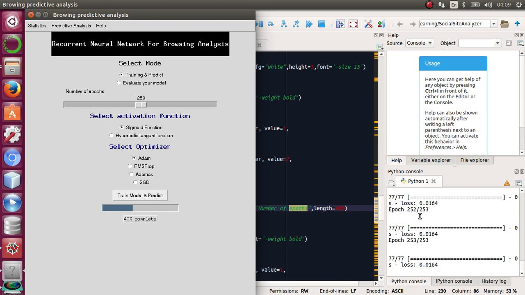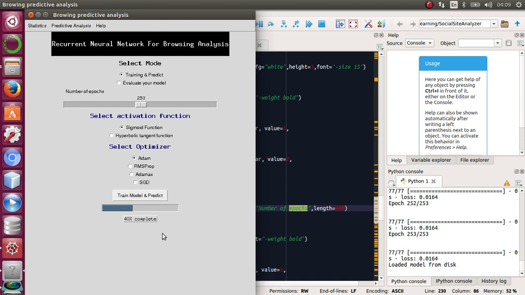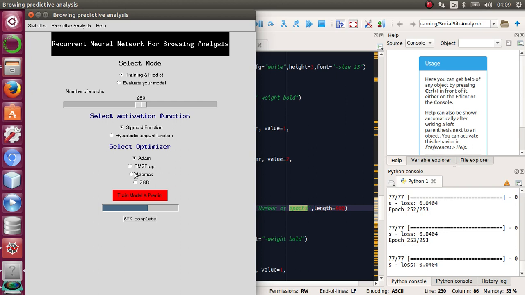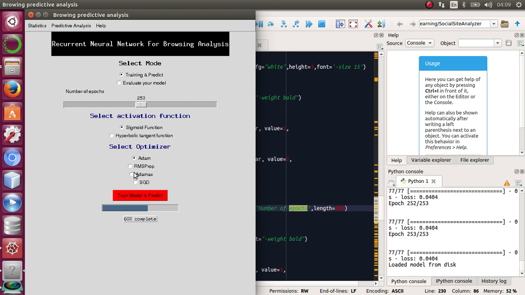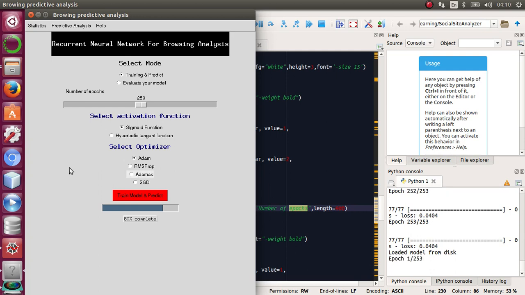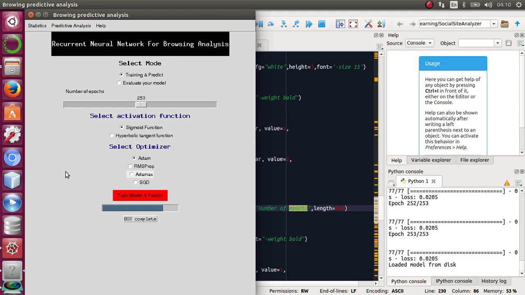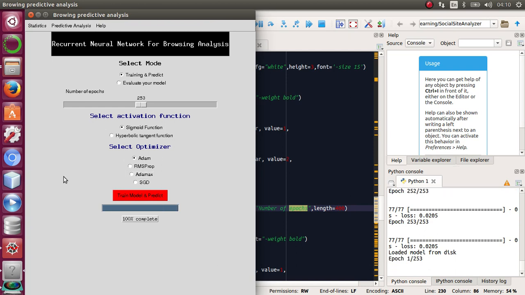Yeah, a lot of optimization is going on. So it's almost done.